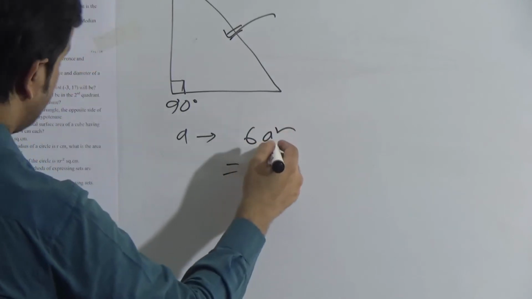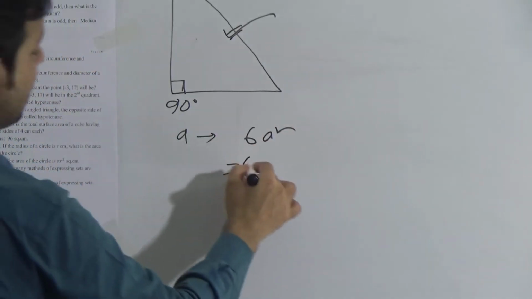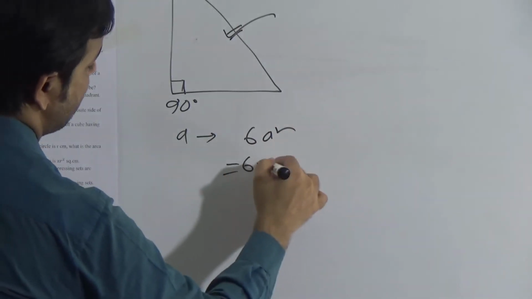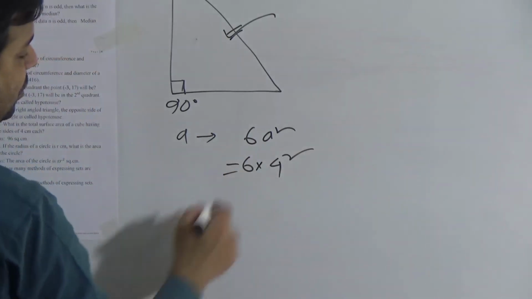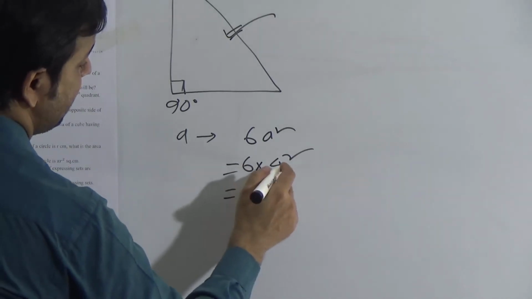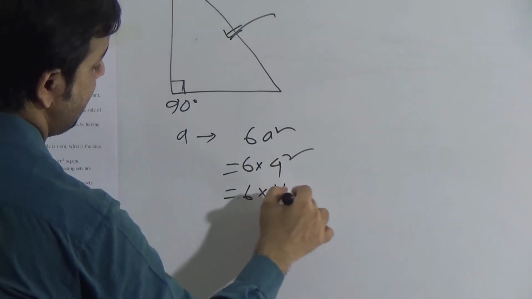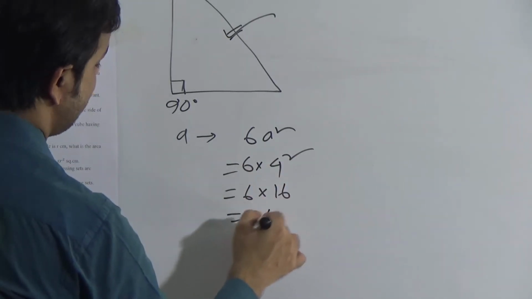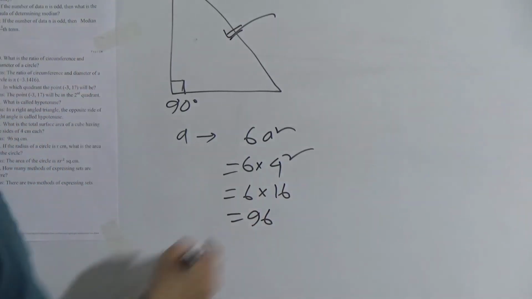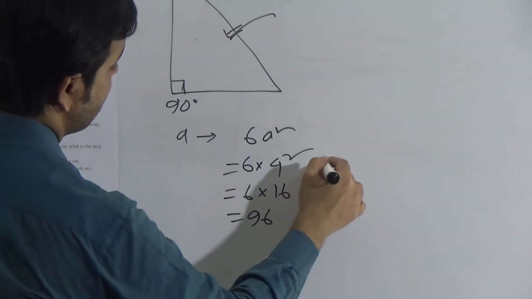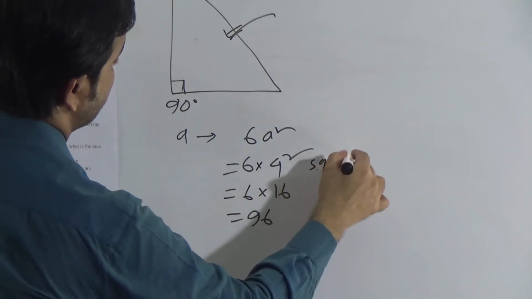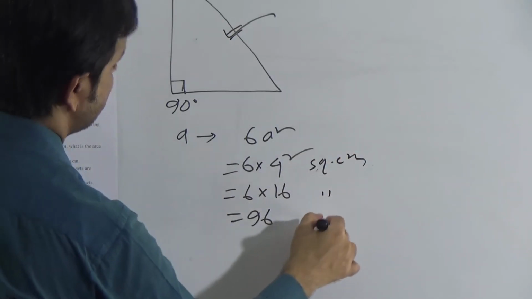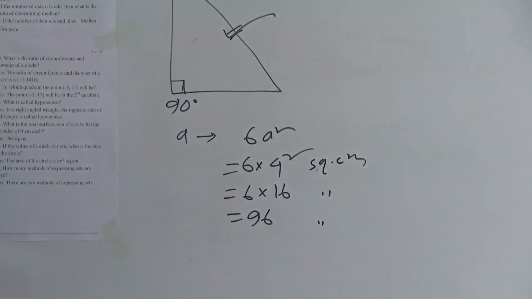Now if we put the value of a, 6 into a square, as the side is given 4 centimeters, we can write 4 square. It means 6 multiplied by 16, which is 96. As the unit is given in centimeters, this will be square centimeters. So this is our required answer for question 23.